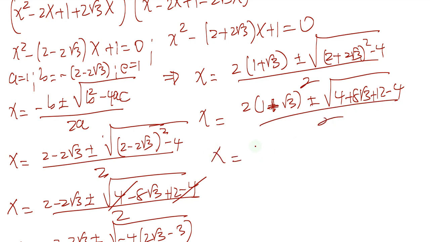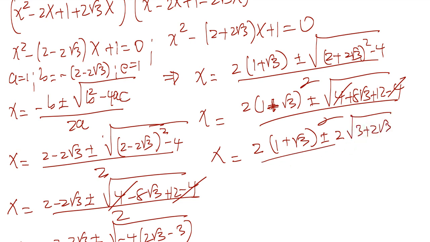So x is equal to 2. This one will cancel with this, and after some quick simplifications we get this one here, which is 2 square root of 3 plus 2 square root of 3, all divided by 2. So x is equal to this one here simplified by 2.